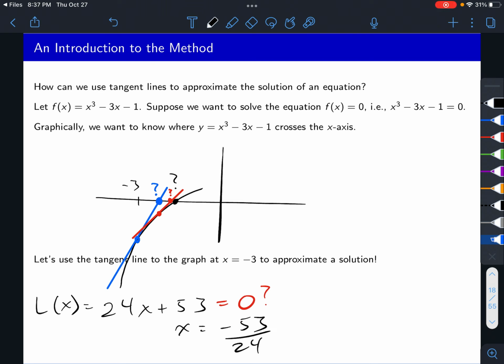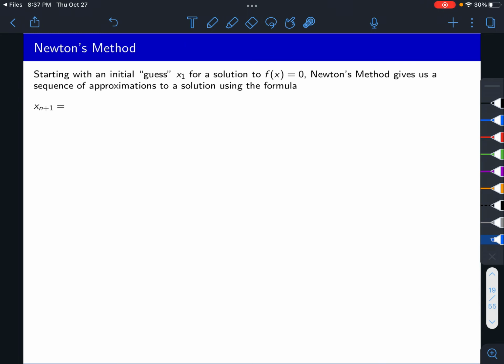We can bring that -53 over and then divide by 24 on both sides. So x would be -53 over 24. That's about -2.5. So -2.5 would be our next guess for a solution, and then we can find the tangent line at -2.5 or whatever this number is, and then figure out when that tangent line crosses the x-axis and so on.